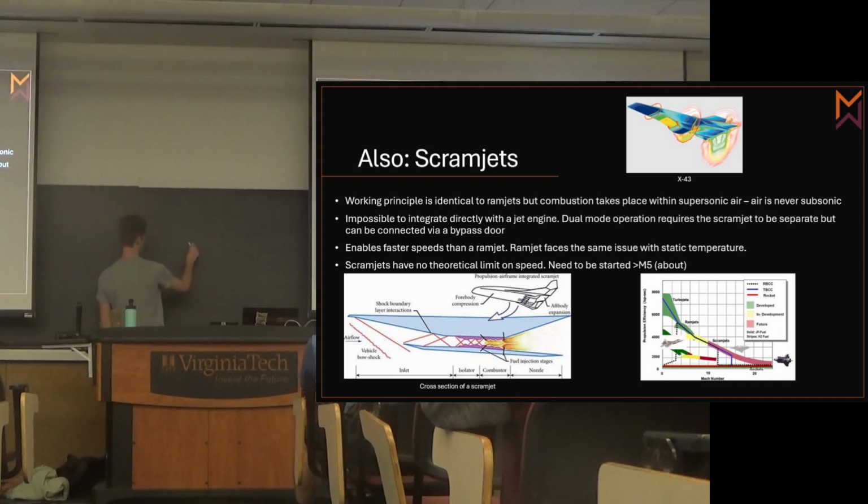Or the bypass door can change and it can get fed up into a full-on scramjet into the back. But you'd have to get very creative with how you did this and made sure your shocks got handled properly. Because in here you need full hypersonic flow. In here you definitely do not want that.